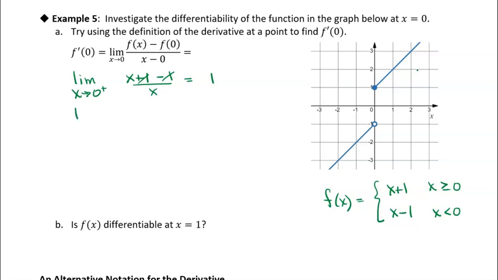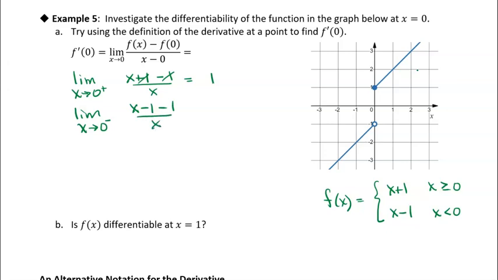So now let's look at what happens as x approaches 0 from the left. The formula is x minus 1 when x is less than 0, and we're coming at 0 from the left, so that's less than 0. Now the value of the function is still that filled-in value at 1. So we're going to get x minus 1 minus 1, all over x.